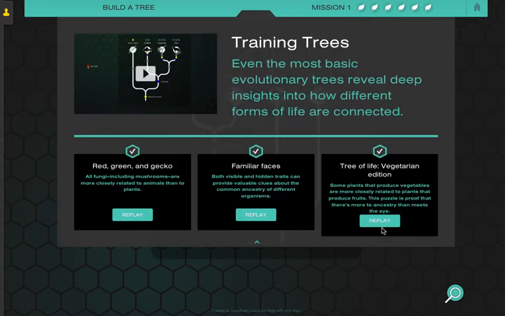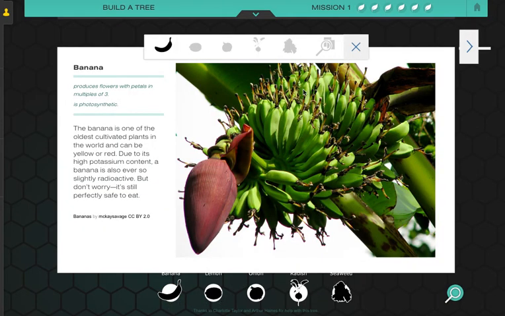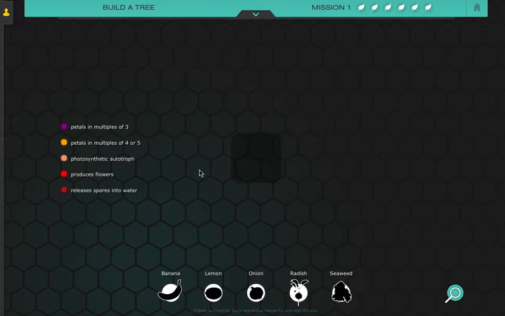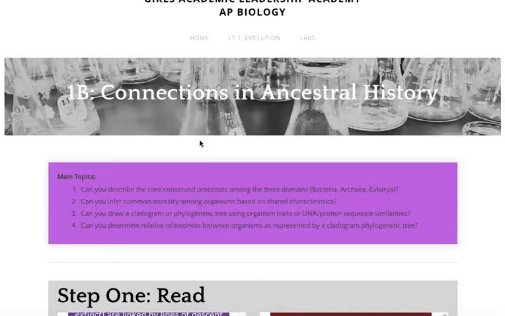From here you can go on to much more complex things, read about all of these, and build fairly complicated phylogenetic trees. Let me go back, let me see if I can go home, here we go. I would recommend at least getting through this DNA one, so go through mission 1, mission 2, and mission 3, because mission 3 shows you how to use DNA as evidence.